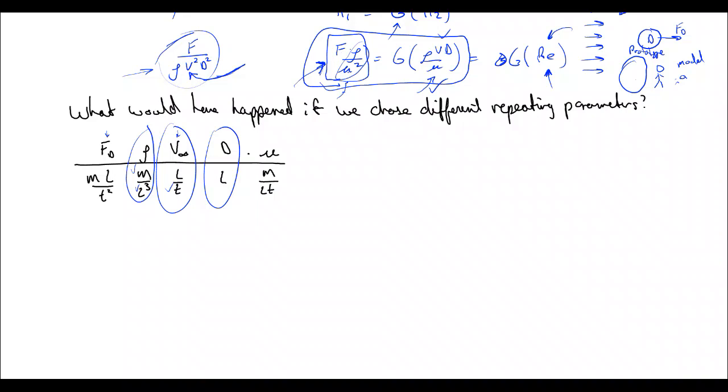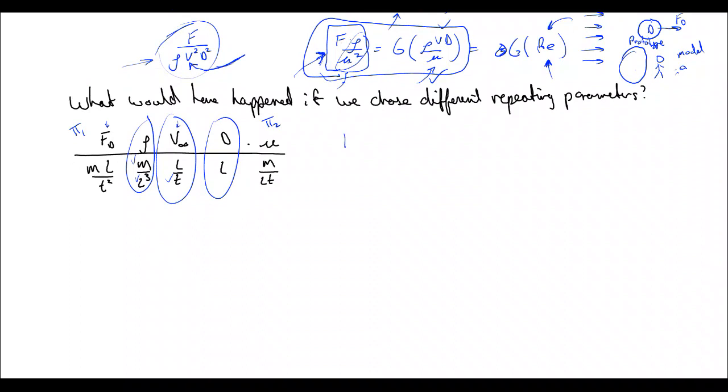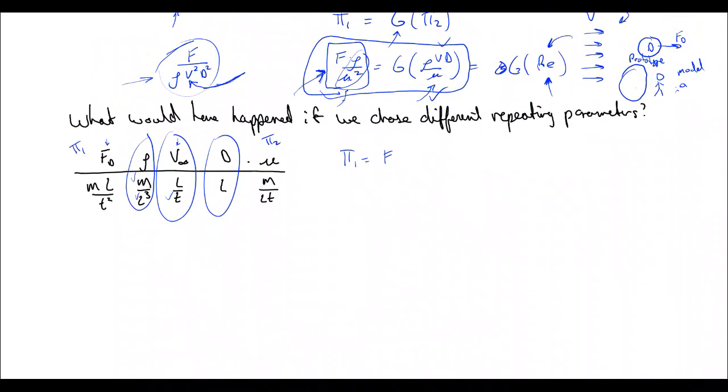So the next step in this is going to be to choose one of the non-repeating parameters and build a pi group around it. I'm going to choose this one as our pi 1 and this one as our pi 2. So we're going to pick pi 1 and we're going to say pi 1 is equal to F times rho to the a, v to the b, and d to the c.